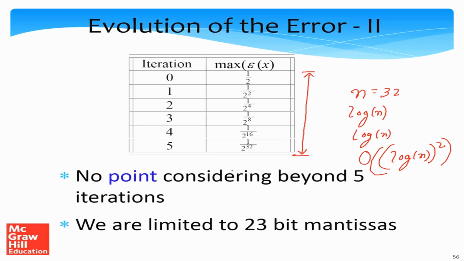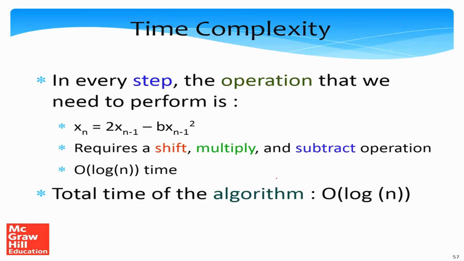And one more interesting thing is that, of course, we used it to compute the reciprocal, but we can use it to compute other mathematical functions also. But this I'll mention after a few slides. All right, so the time complexity is like this. Again, a small error in this slide, I'll fix it. In every step of the operation, we need to compute this thing. So this requires some shifts and multiplies and subtracts, which requires order of log n time.